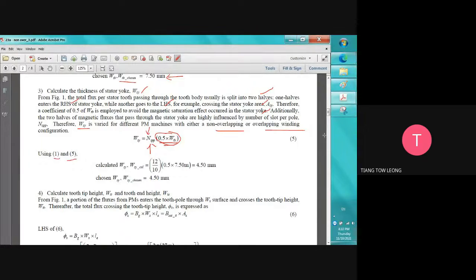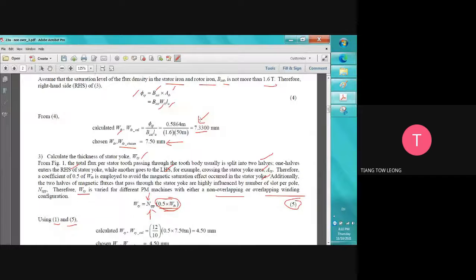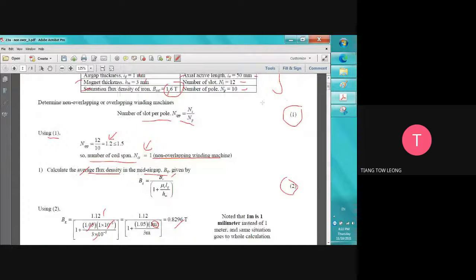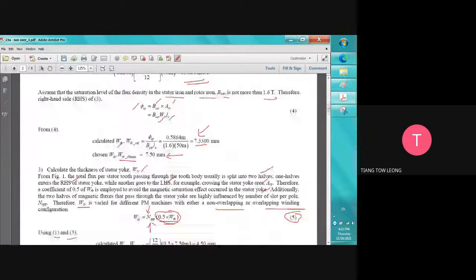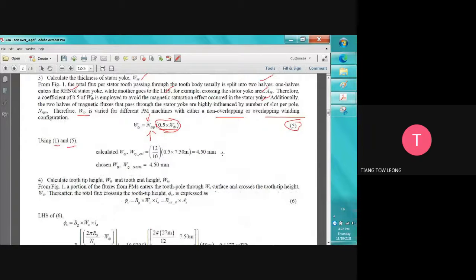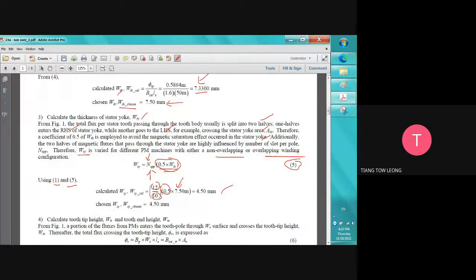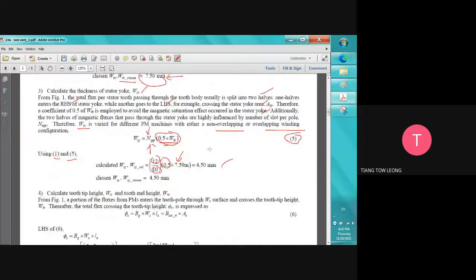Using equation 5, then we can calculate the WSY. So WSY is 12 slots divided by 10, times the 0.5 coefficient, times 7.5 from here. Then we will have 4.5. And then 4.5 chosen will be 4.5.